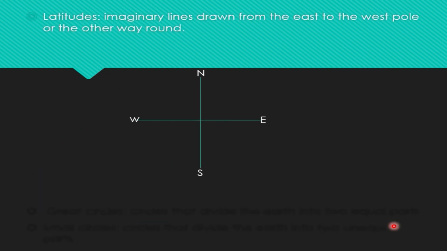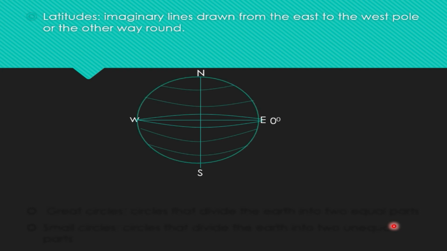Now latitudes are also imaginary lines, drawn from east to west. So you realize that the longitudes are drawn from north to south, but the latitudes are drawn from east to west, just like the example below. So these are latitudes.